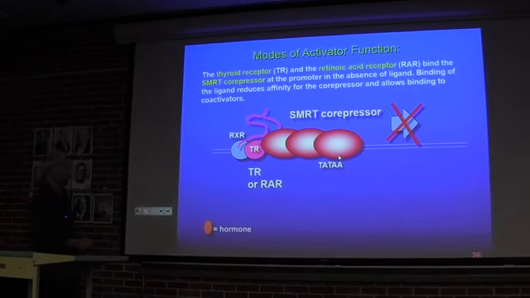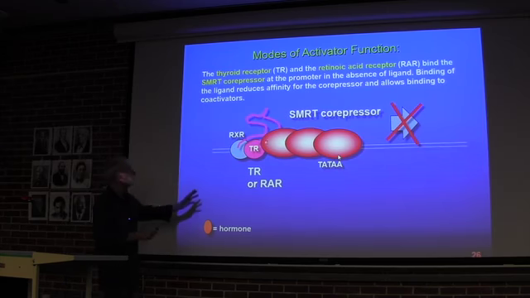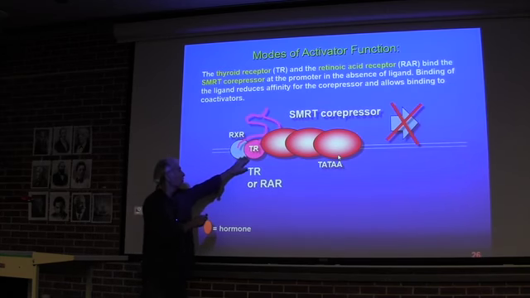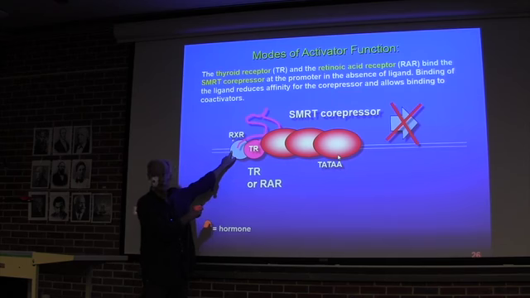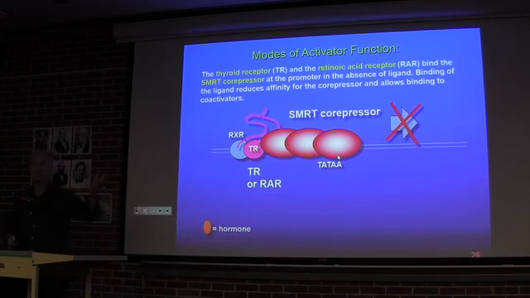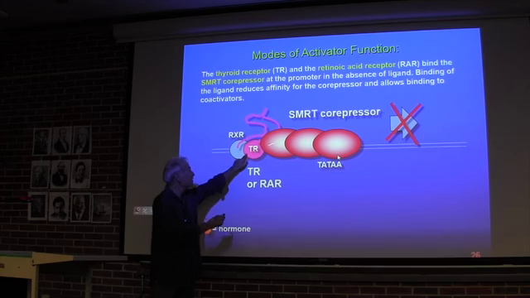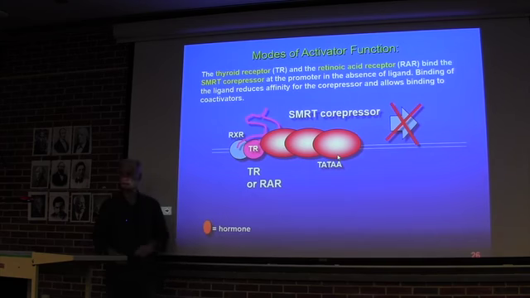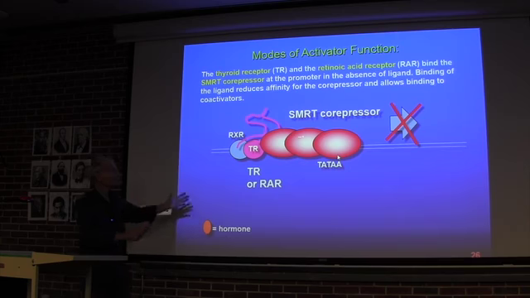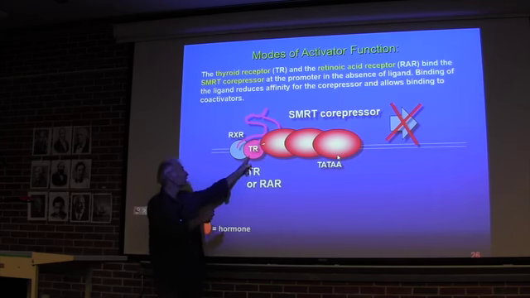The SMART co-repressor, SMRT. The default state is when the thyroid receptor, in partnership with the 9-cis-retinoic acid, when they are pre-bound to the nucleus without a ligand being there, without the thyroid hormone being there, the default situation is they have recruited a co-repressor, because the SMART complex doesn't recognize DNA directly. It depends on the steroid receptor to do the DNA binding.